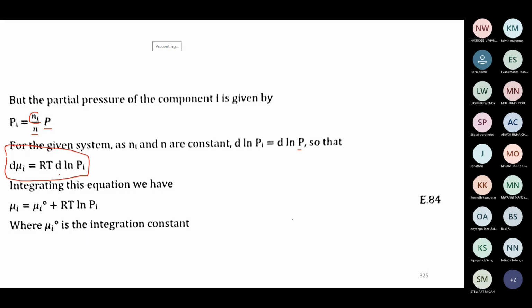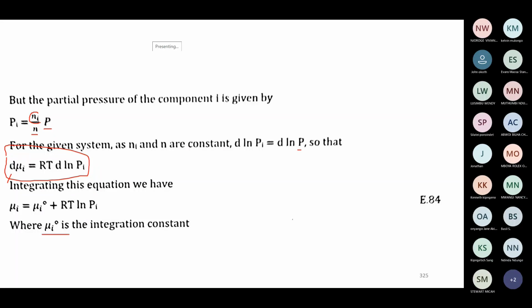So when you integrate this equation here, we have mu i equals mu i prime plus RT ln of Pi, where mu i prime is an integration constant.